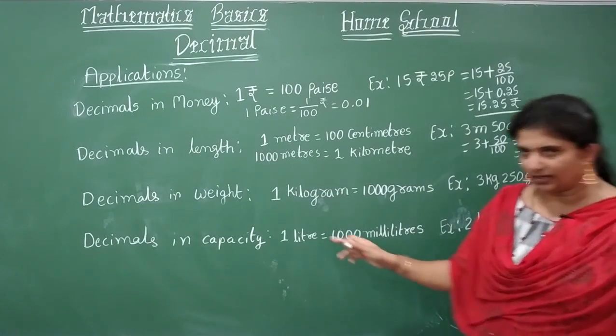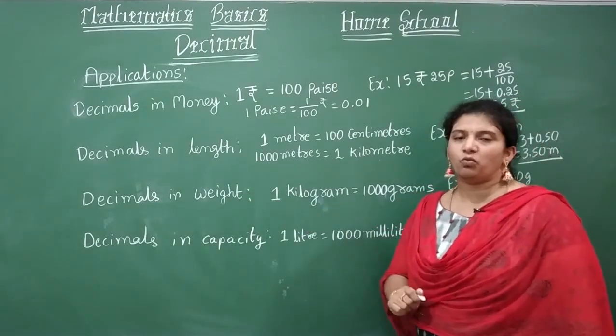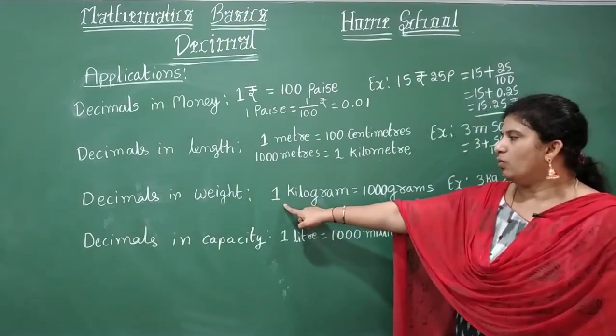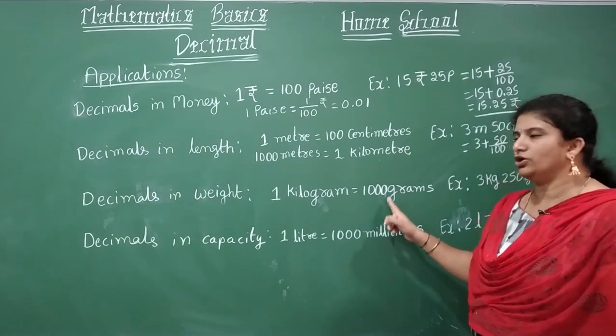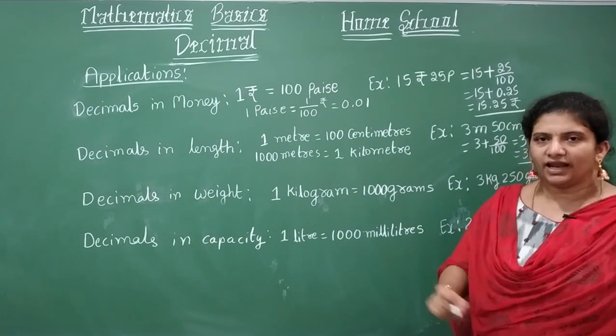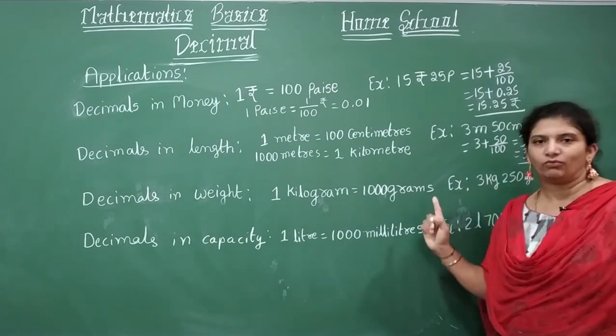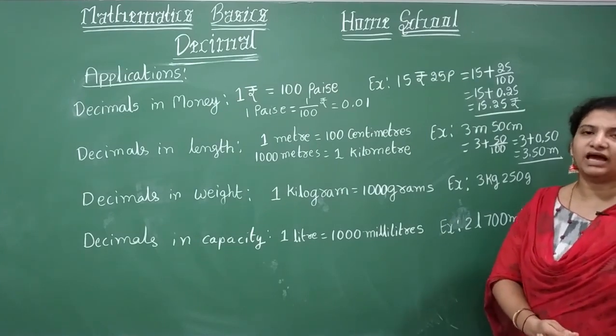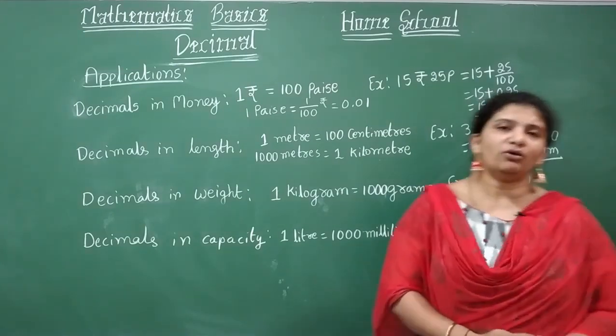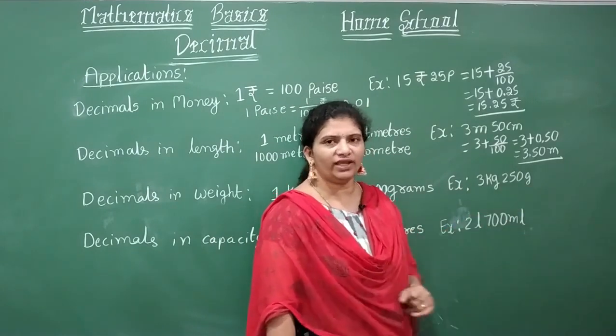Okay, let's see the third one. Decimals in weight. 1 kilogram, or 1 kg, is equal to 1000 grams, right? Now you need to take one example. 3 kg 250 gram. Convert into decimal, children. How do you convert 3 kg 250 gram?